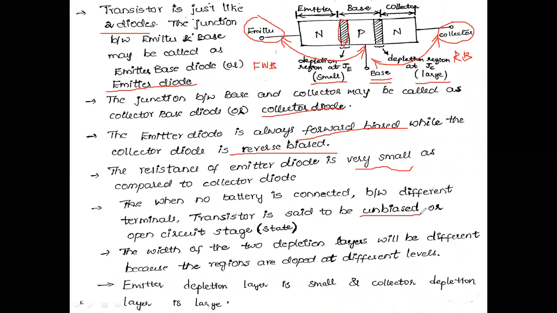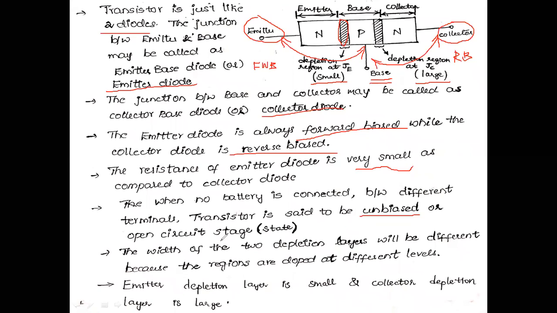The diffusion of charge carriers takes place from high concentration area to low concentration area. Similarly here, the same concept is applied. When no battery is connected between different terminals, the transistor is said to be in unbiased or open circuit stage.